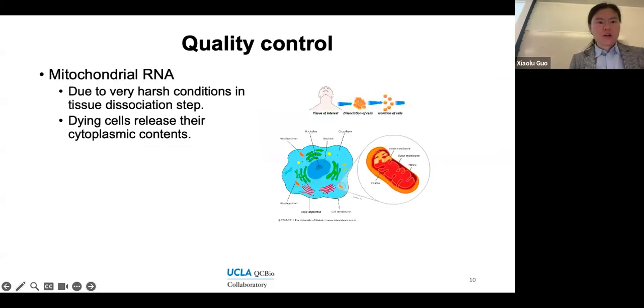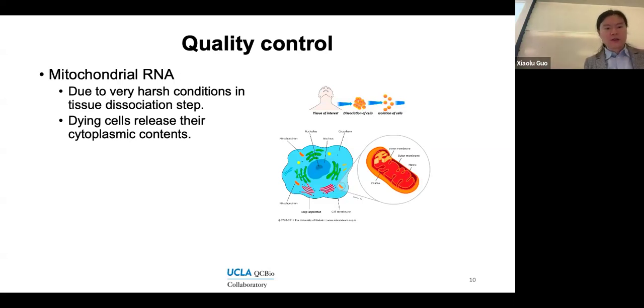Another quality control metric we need to consider is the mitochondrial RNA. This is because when we prepare cells from the tissue, we dissociate them by removing the extracellular matrix and then isolating single cells. During that step, we may not only break the extracellular matrix but also break the cells.